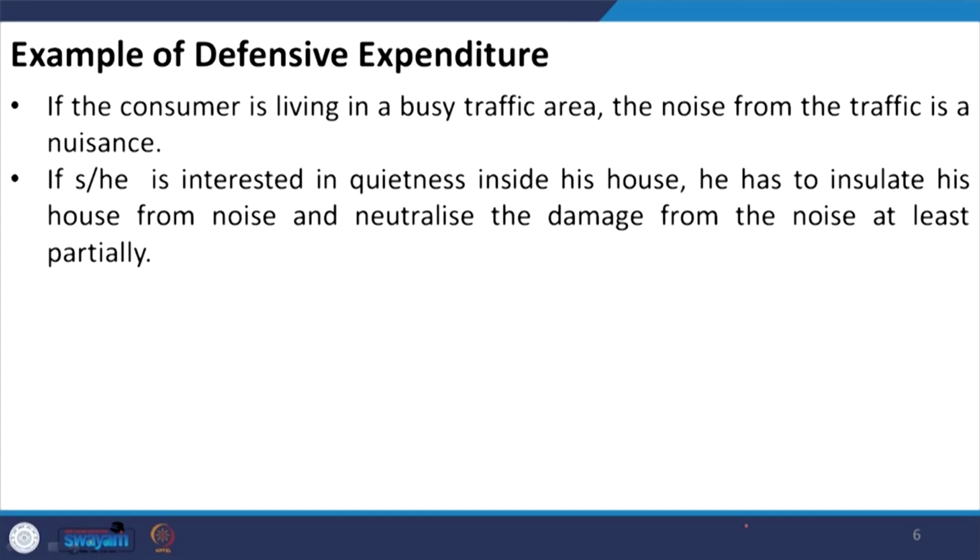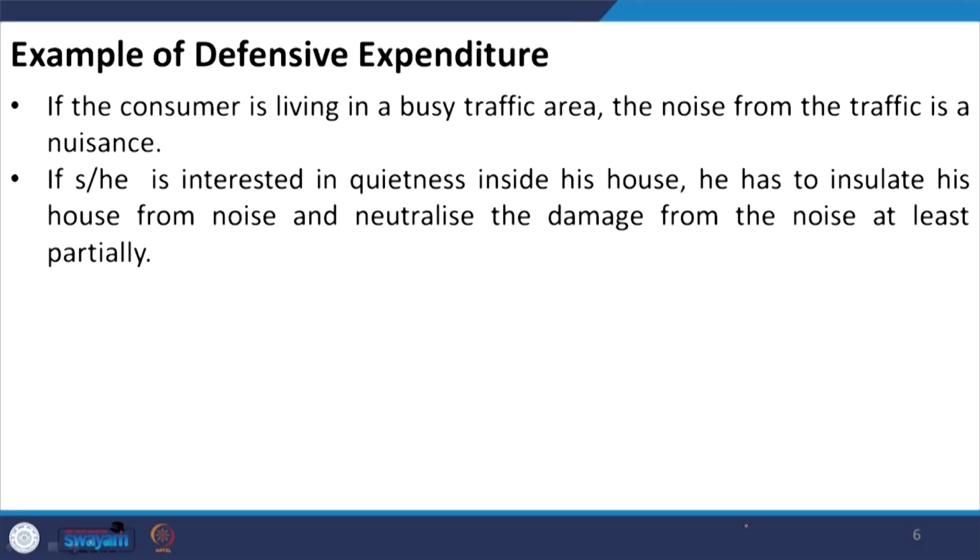So what can this household do? He can maintain quietness inside his house. Because there is traffic outside, the traffic noise will be entering the house. So in order to have this quietness, the household can insulate his house from the noise and neutralize the damage from the noise, at least partially.